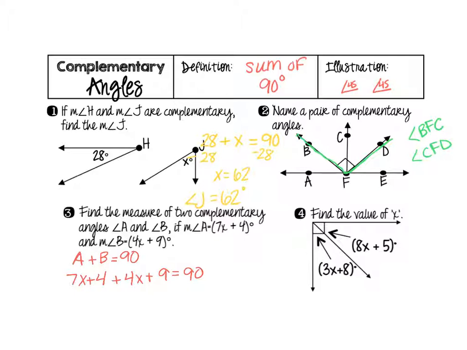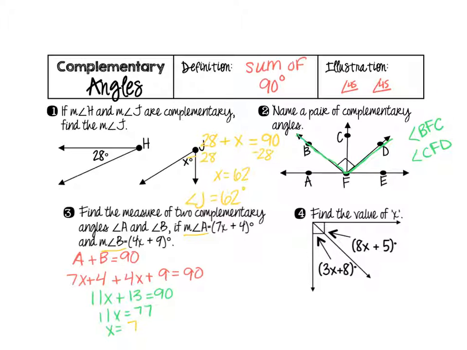Now when I combine the like terms, I get 11x plus 13 equals 90. So then 11x equals 77 and x equals 7.